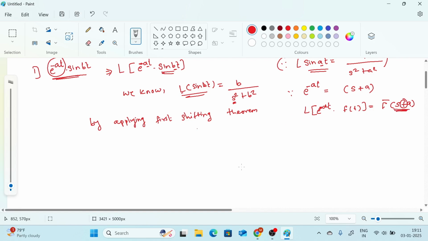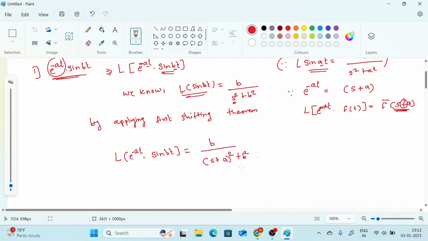Means in this case we will have Laplace of e raised to minus at sin bt is equal to b upon, the value of s is s plus a, so s plus a bracket square plus b square.